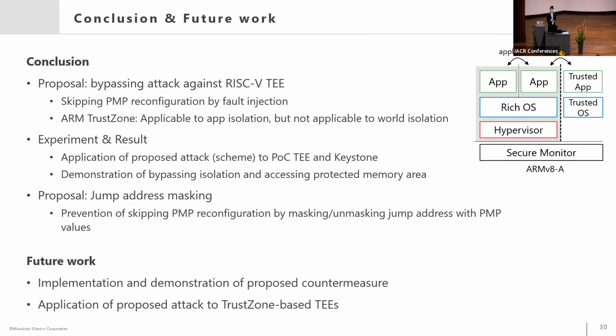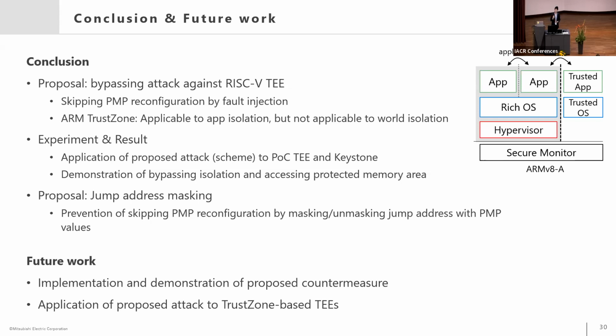We proposed a bypassing attack against RISC-V based TEEs. It skips the reconfiguration of the PMP settings by fault injection, and it's general and efficient. I won't go into the details, but in terms of TrustZone, our attack can be applied to application isolation, but not to world isolation.